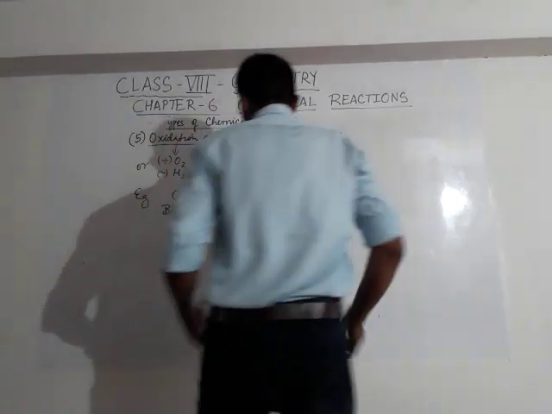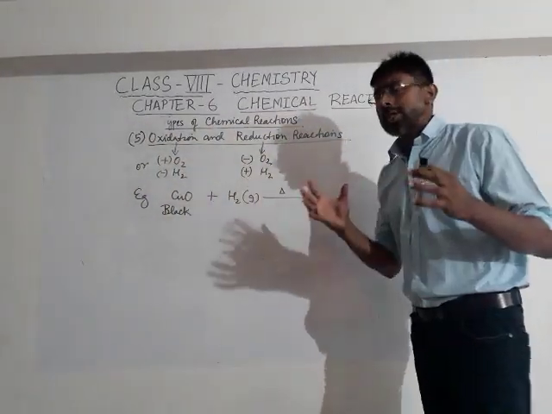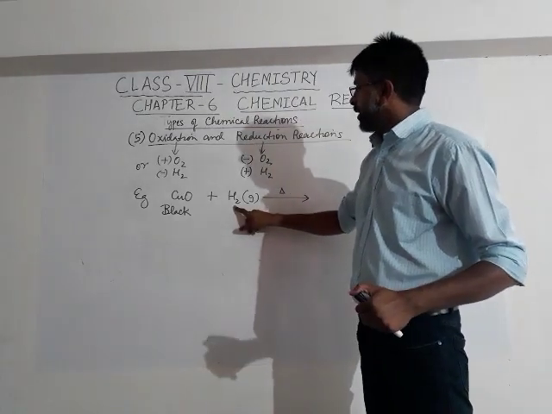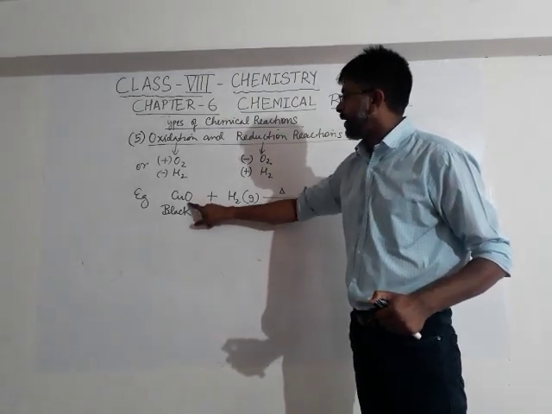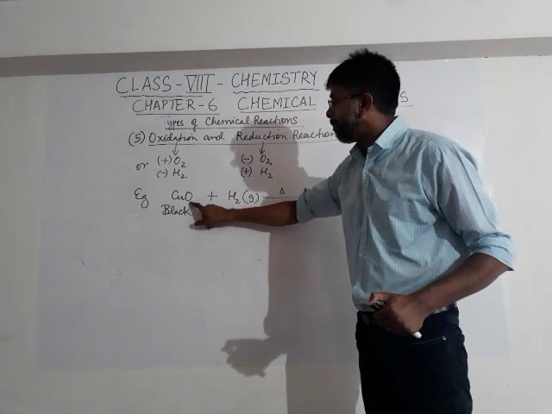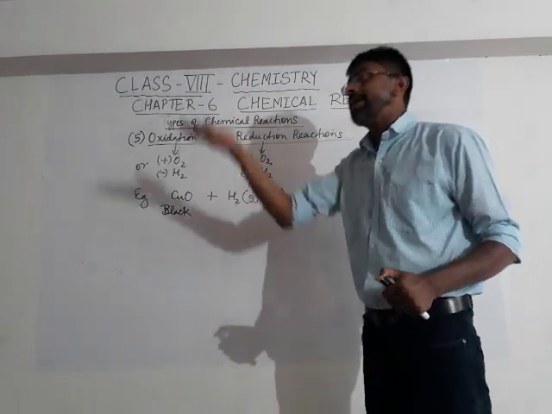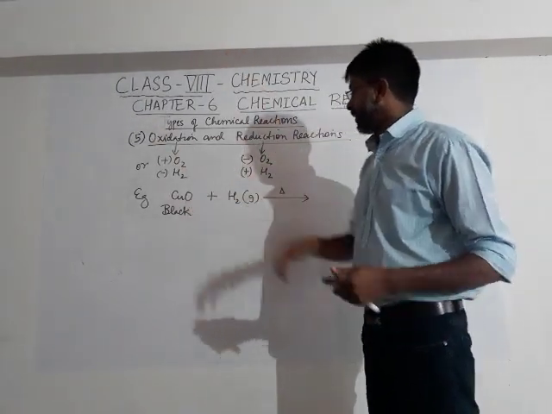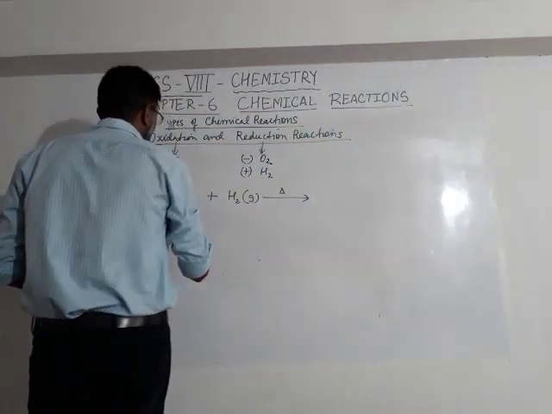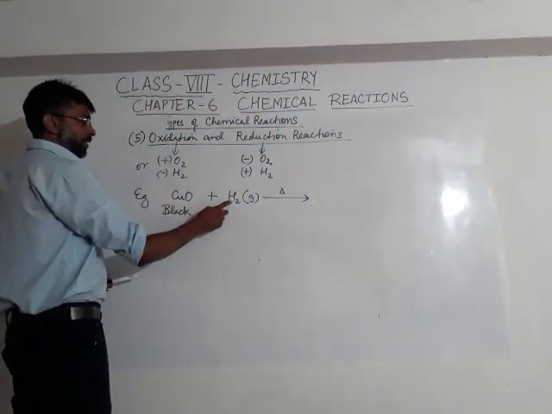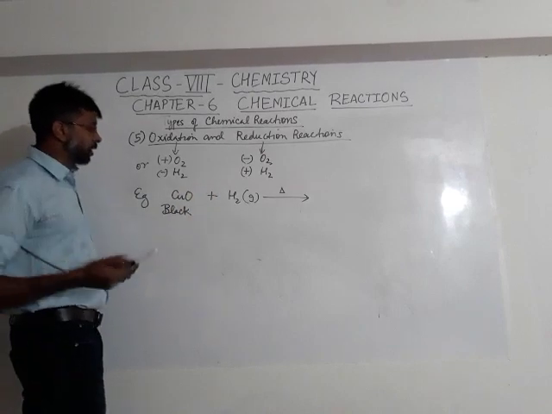So when a stream of hydrogen gas is passed over copper oxide and the temperature of the copper oxide is maintained very high, when it is heated, a reaction happens between copper oxide and hydrogen, where the hydrogen takes the oxygen, it removes the oxygen.